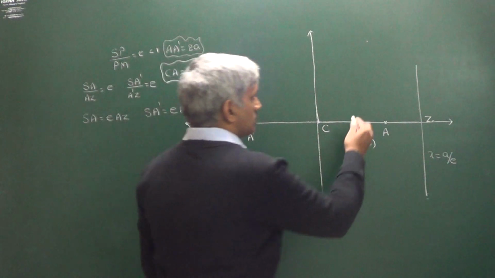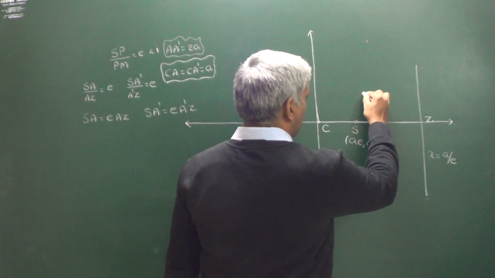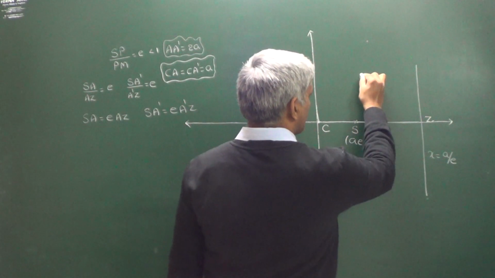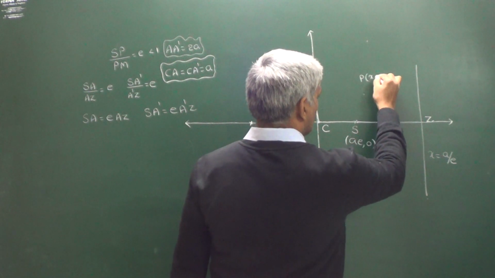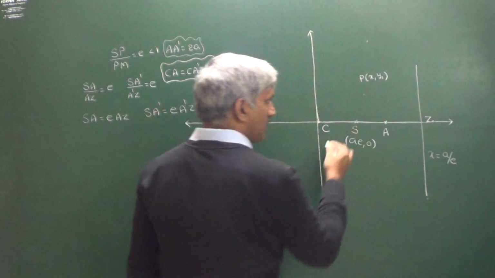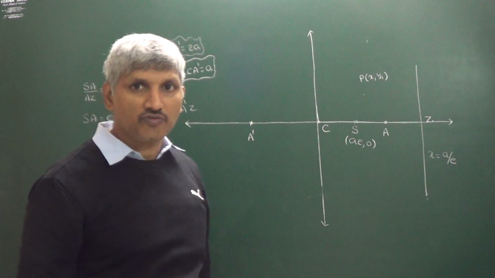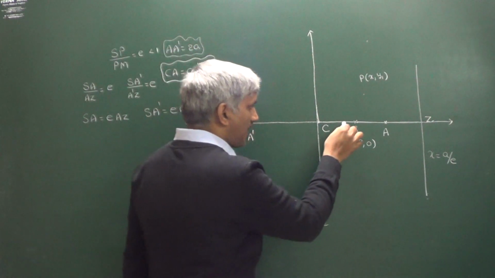Now somewhere I am taking here the point P. Let us take that point P as x1, y1, because the locus of that point P x1, y1 we are going to find out. So how is that point moving?